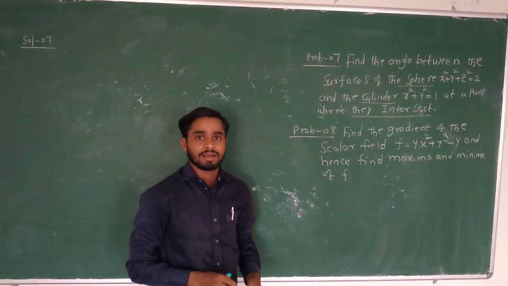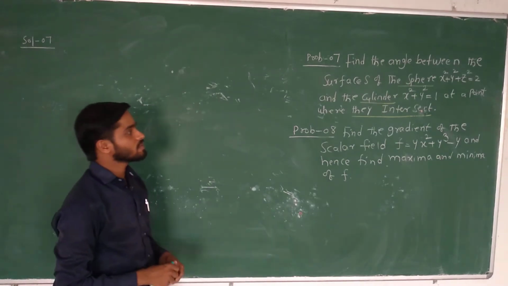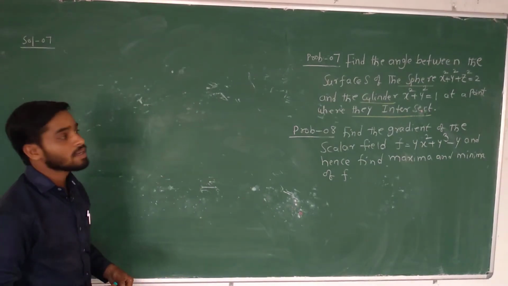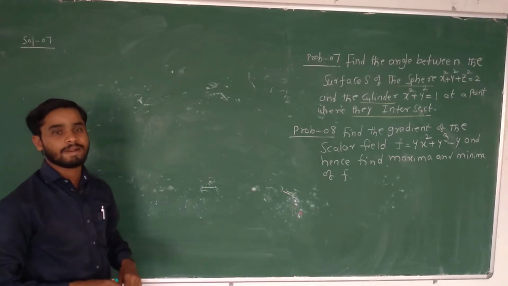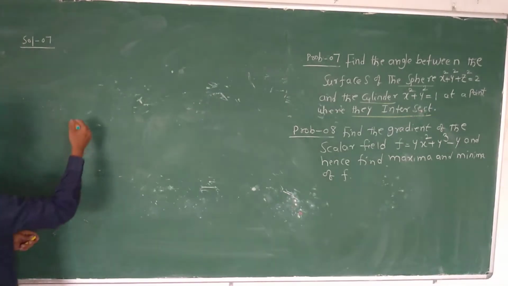To find the intersection of these two surfaces, subtract one surface from another. Write down quickly what is given here.